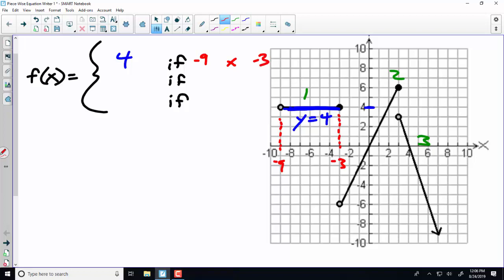Now it might seem like your inequalities need to face two different directions, but these are actually also both going to be less thans. So we have -9 is less than x is less than -3. And then because we have a solid point right here at this end, we're going to put an equal to on the -3 part. And since this is a hollow point, we just leave the inequality next to the -9 as a strict less than inequality.